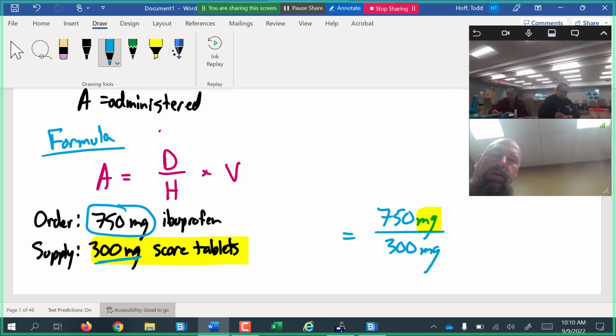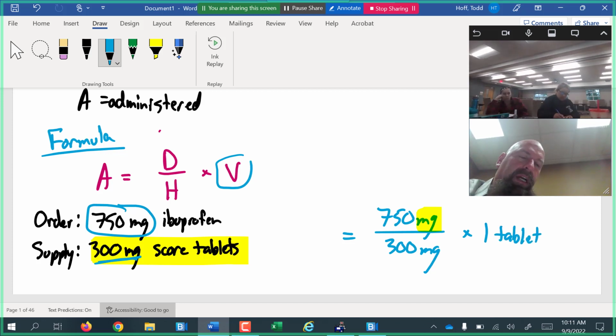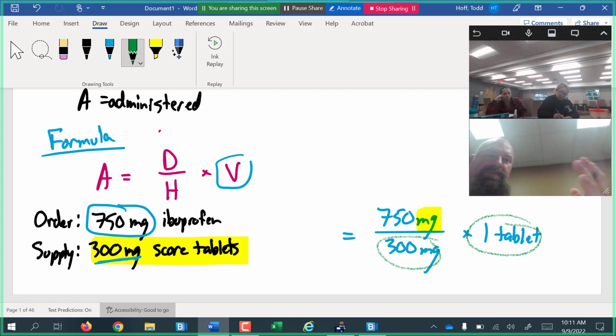We said the vehicle is what carries the on-hand dose into the patient. So here that vehicle is 1 tablet. 1 tablet contains 300 milligrams. So I had mentioned earlier that the vehicle and the on-hand dose are tied together. The on-hand dose is what is contained in a single unit of the vehicle or in a standard unit of the vehicle. So then we can go ahead and calculate this out.